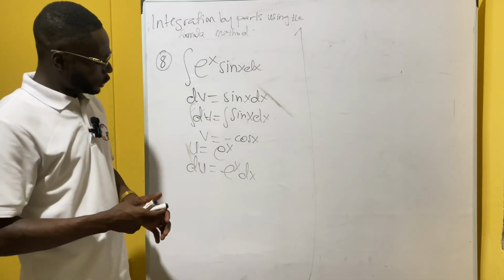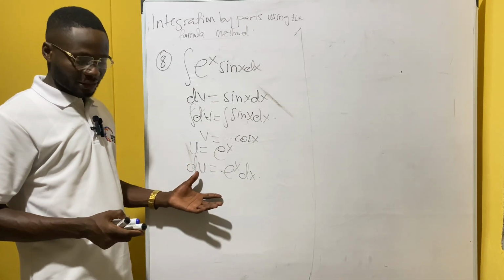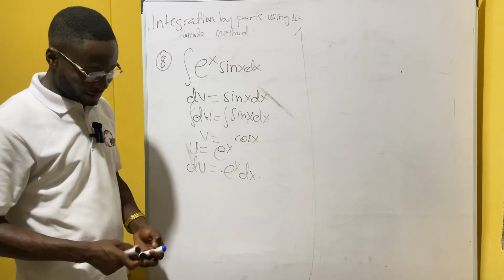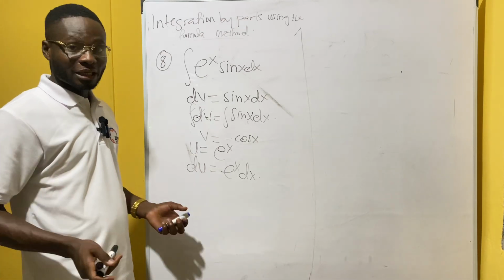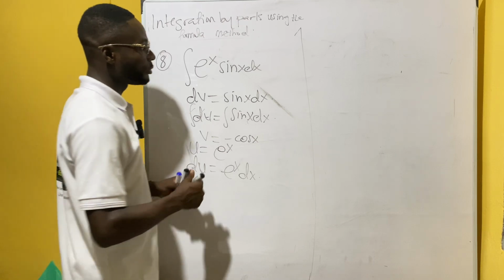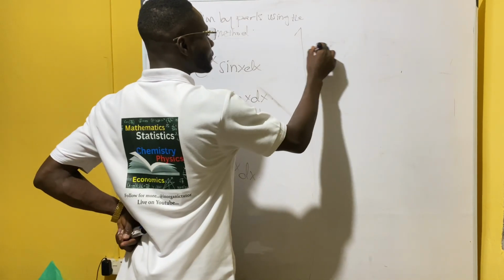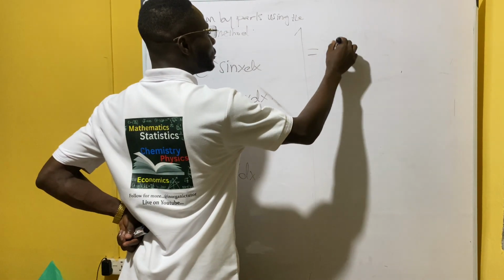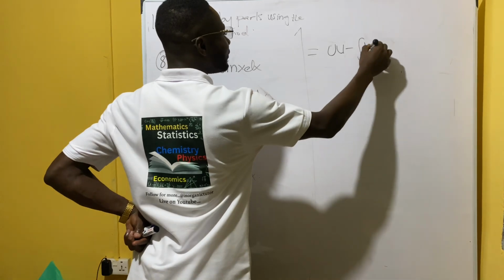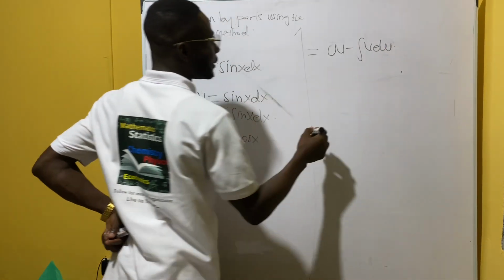Right here we have all the parameters. What we need is the formula: uv minus integral of v du.